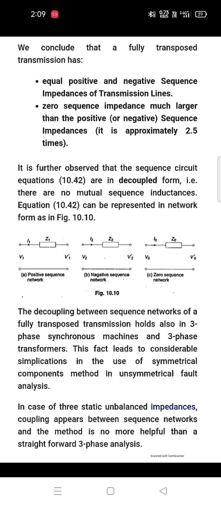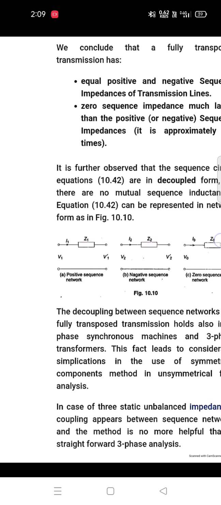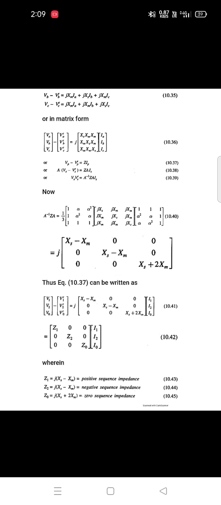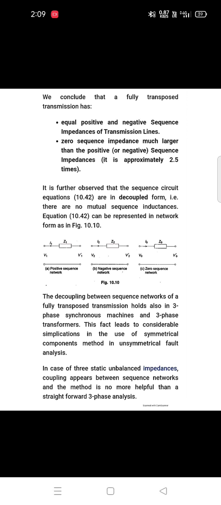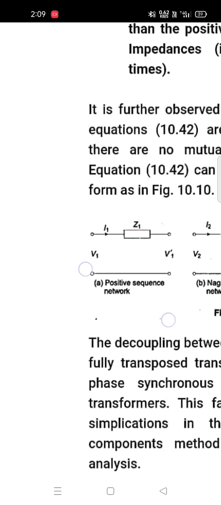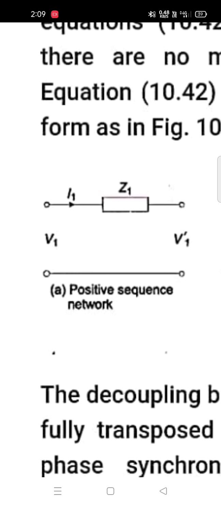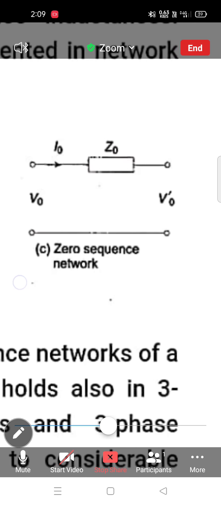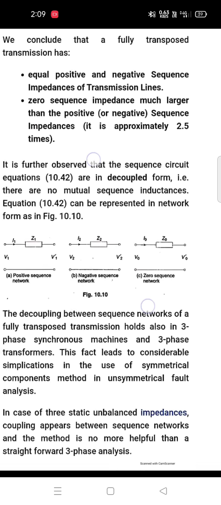Now, further observing, the sequence circuits are in decoupled form, so there are no mutual sequence impedances. We can represent this equation as a network: first the positive sequence network with V1 and V1 dash and impedance Z1, for the negative sequence network the impedance Z2, and for the zero sequence network the impedance Z0.